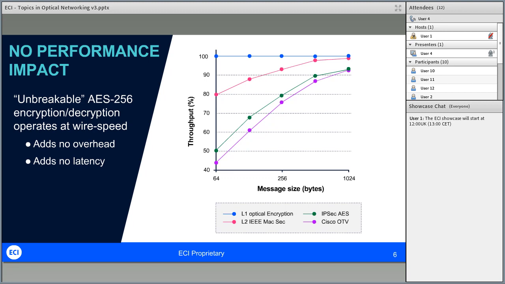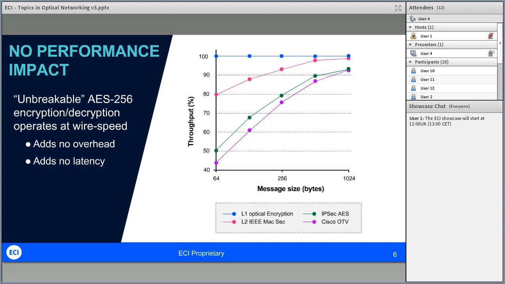The way optical encryption works is at wire speed. In other words, it takes the OTN bit stream and encrypts it with a session key. In the case of ECI, we use the highest level of the Advanced Encryption Standard with a 256-bit key, which is virtually unbreakable, unless you want to be alive 1,000 years from now, when you would have the kind of computing that you need to be able to decrypt that.